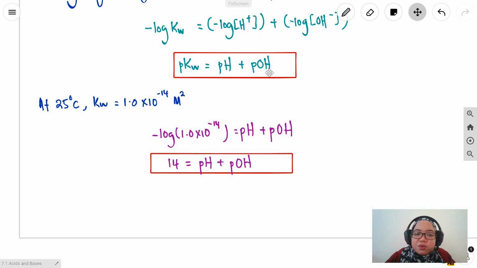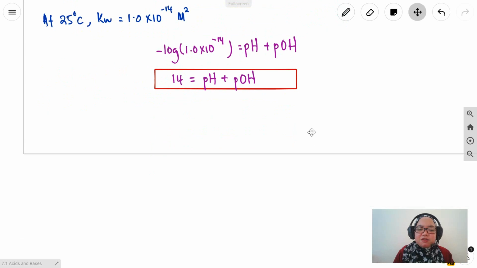Right? So we get 14. So the result is 14 is equal to pH plus pOH. So if the question gives you pH, we can use this formula to find pOH. And if the question gives you pOH, you can use this equation as well to find the pH.